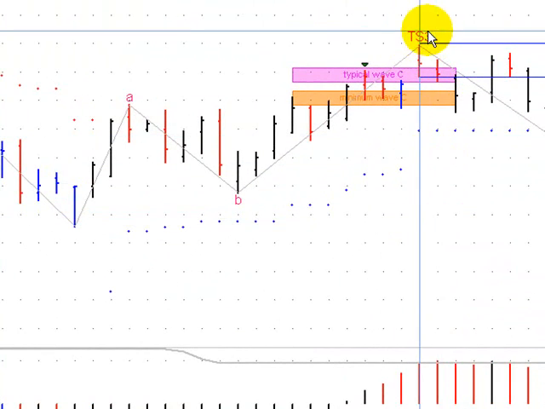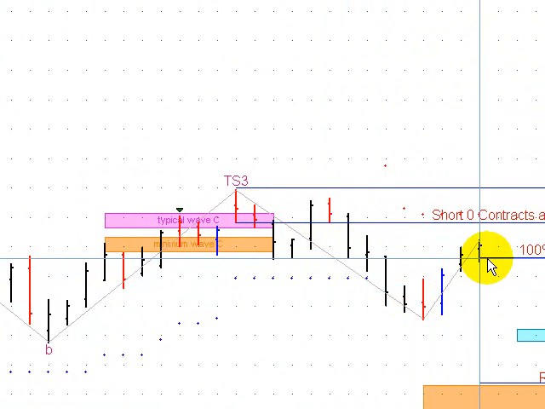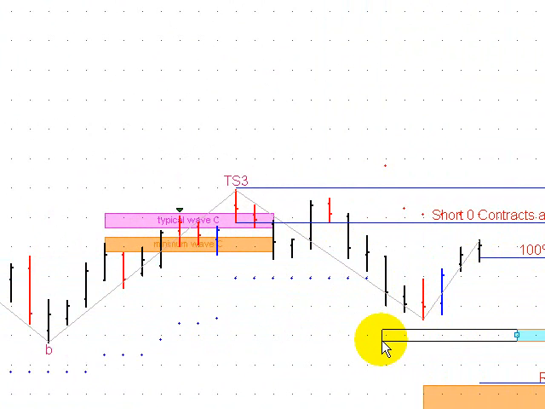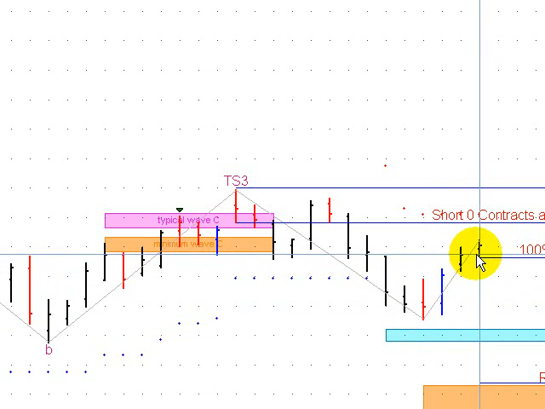Oil had the TS3 short there with the trend, and that has come down to this 100% initial risk area. Actually went beyond that and got almost to the intermediate target here, which is a decision point support area, and kind of bounced up here.